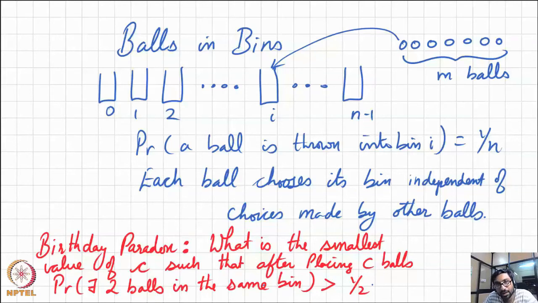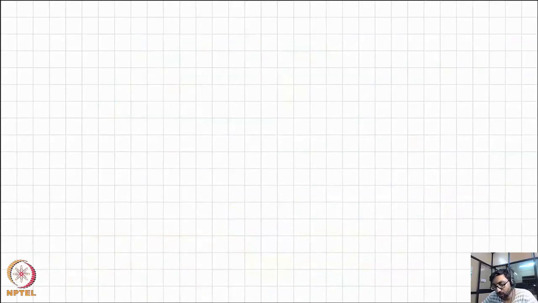So let's see how this question can be analyzed. On purpose, we're going to be a little bit sloppy with our analysis, mainly because we want to ensure that the intuition behind this paradox is brought out in a clear manner. If you look into the book, you will notice there are many different ways in which this scenario can be analyzed.